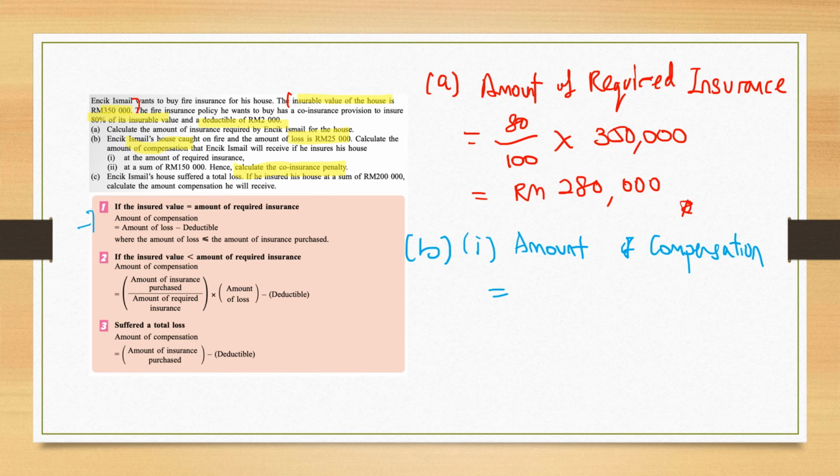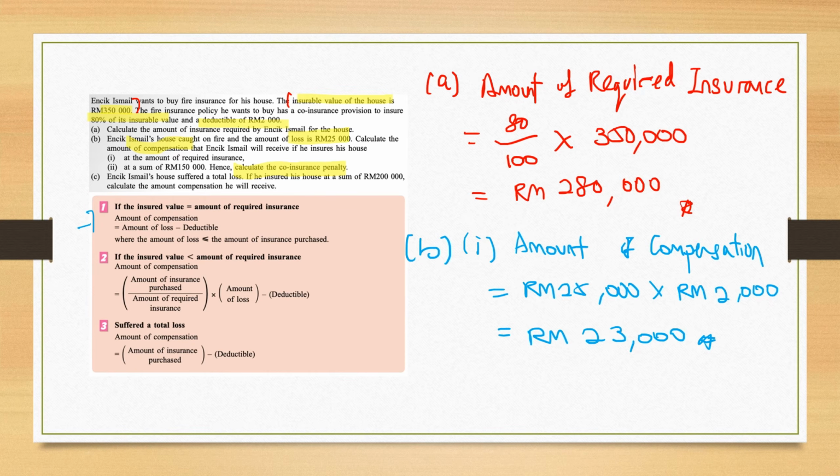Your loss value is 25,000 ringgit, as you can see, minus your deductible figure, RM 2,000. The final answer would be 23,000 ringgit. There you go, and so you're done for part B1.